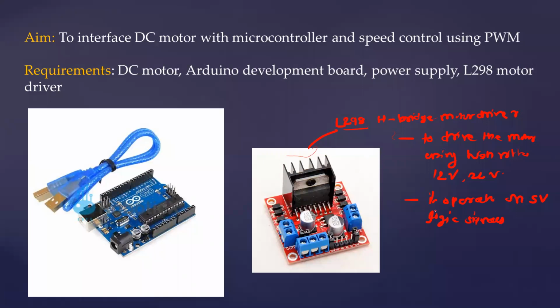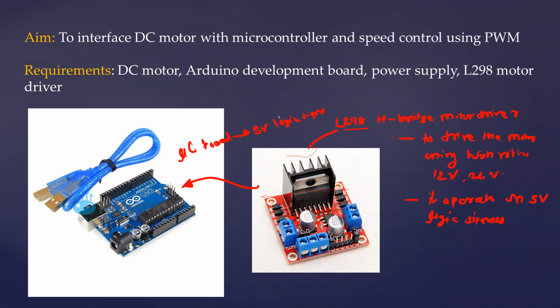So how does it get this 5-volt logic signal? So this L298 motor driver needs to be connected or interfaced with the microcontroller board. Okay. So the microcontroller board will provide the 5-volt logic signal. Okay.